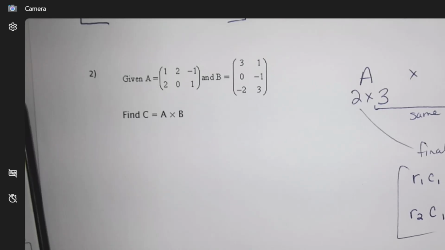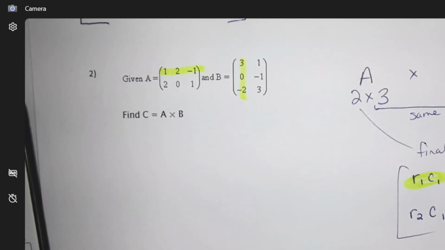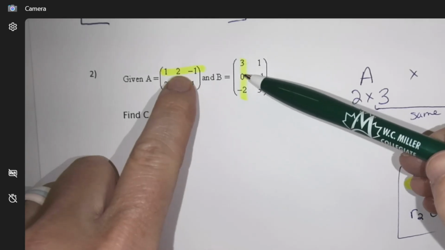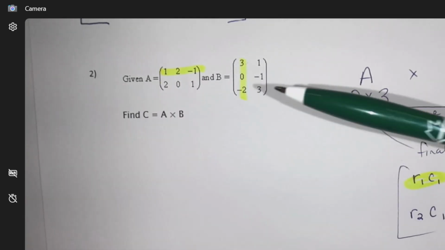So for instance, what does row 1, column 1 look like? Row 1, column 1. So you have to do 3 plus 0 plus 2.